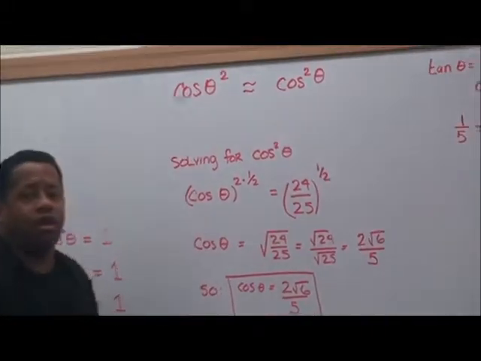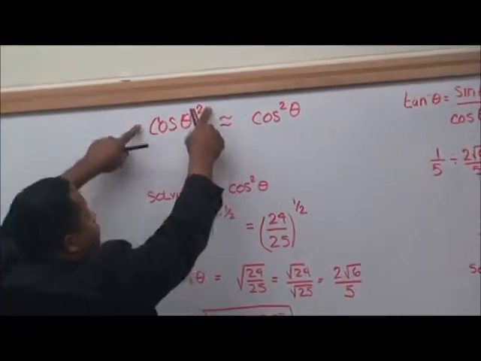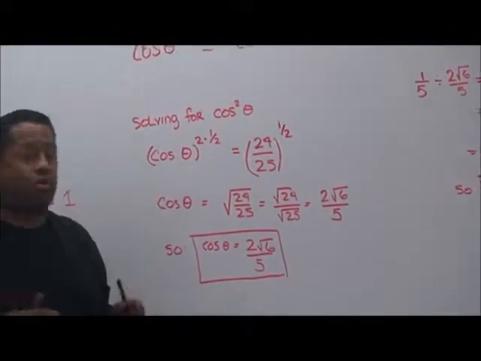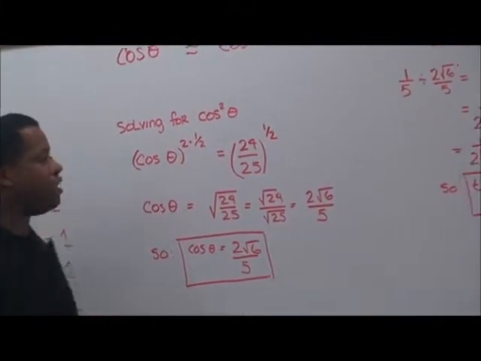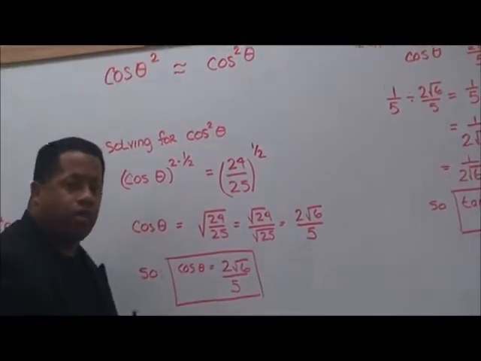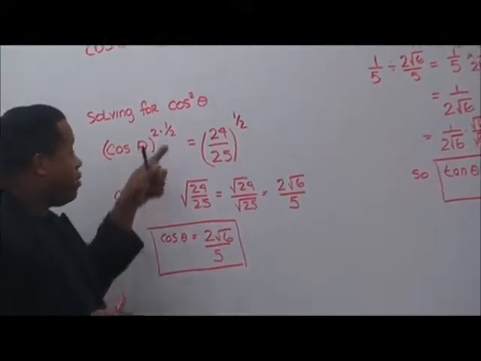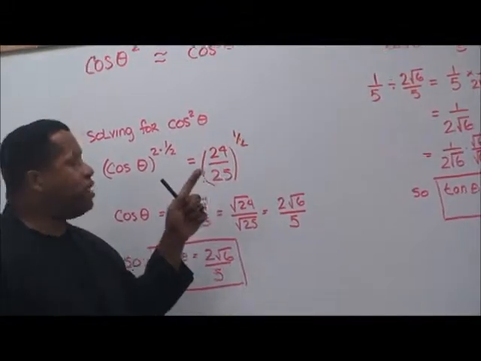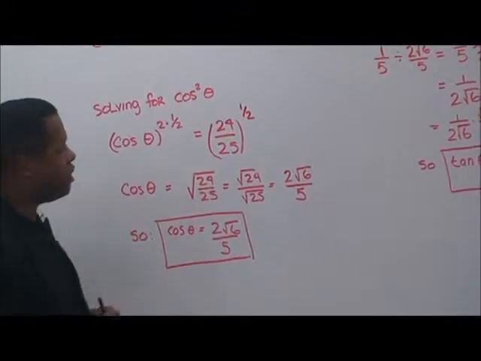Remember that? Well, it's okay to write it this way for right now, because what are we doing? We have to isolate the variable, and we have to solve for cosine theta. So we're going to raise both sides to the exponent 1/2. And what you do to one side of the equation, you must do, of course, to the other side of the equation.